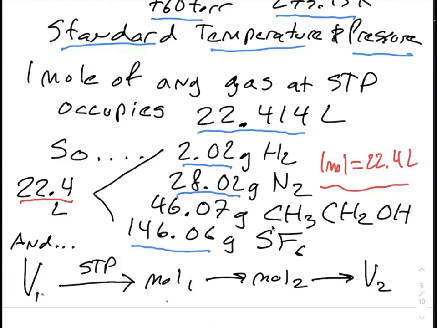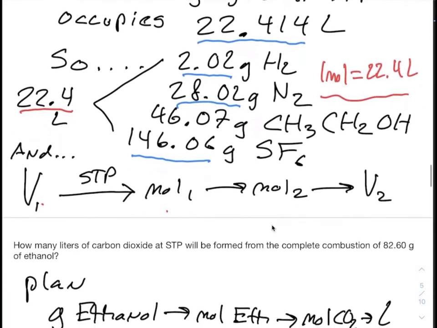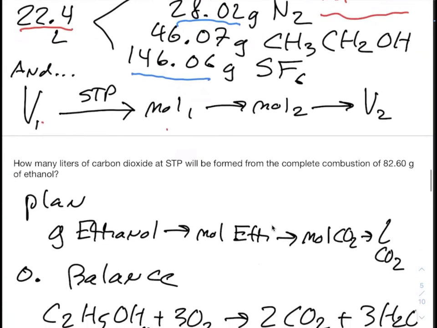So let's look at a word problem that I typed up. It says, how many liters of carbon dioxide at STP will be formed from the complete combustion of 82.60 grams of ethanol? And so I have to kind of think of stoichiometry.